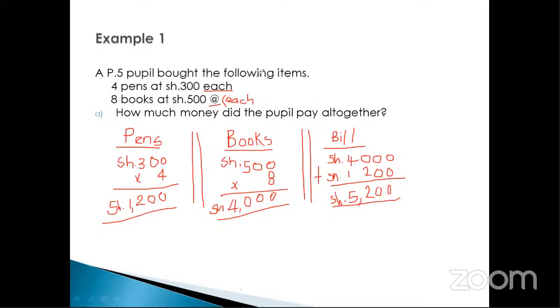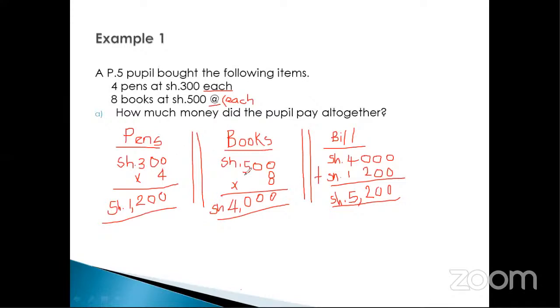So when you go to buy, you must have your list, like a P5 pupil here had his list. From his list, he added 4 pens and 8 books. So what he did was to find how much he will spend on 4 pens and how much he will spend on 8 books. On 4 pens, we multiplied.